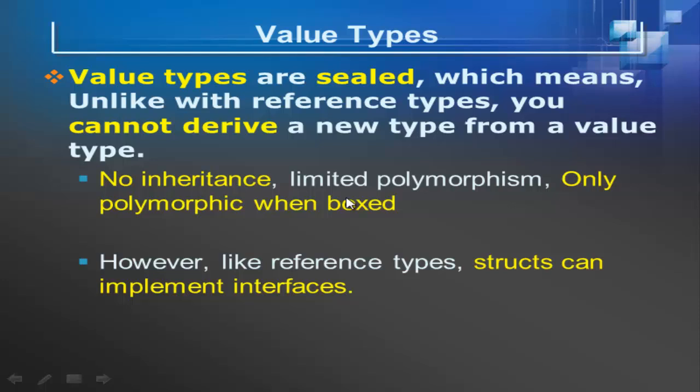However, there is a way in which you can get polymorphic behavior, and that is true in Java also. If you want int, float and others to behave like an object, and if you want to take them into the polymorphic form, then you have to box them and then use it. So that's the same thing. Value types, even though they are somehow derived from object and are also part of the object oriented model, are treated slightly differently by the compilers.